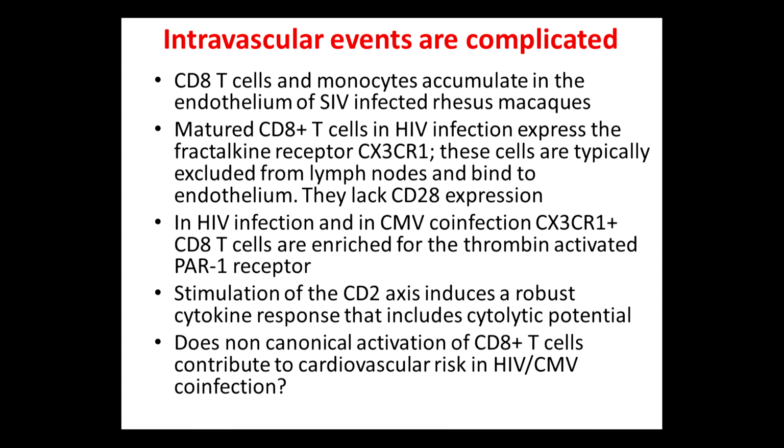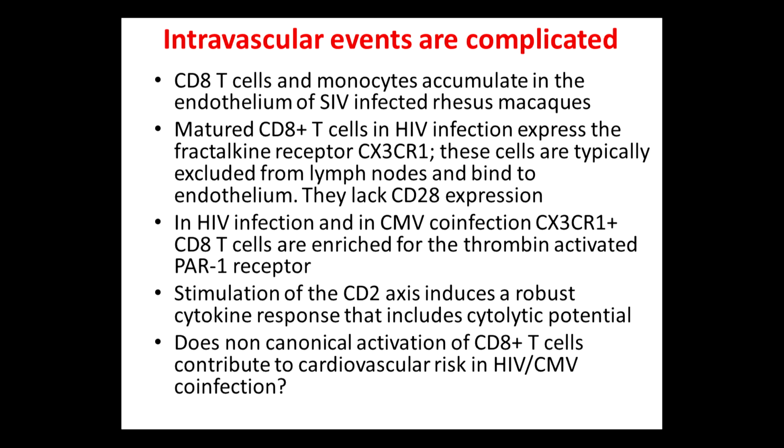I can't tell you anything yet about the human system. In HIV infection, the matured CD8 T cells express the fractalkine receptor CX3CR1, and these cells are excluded from lymph nodes, but they are capable of binding to the endothelium, which expresses the ligand fractalkine.